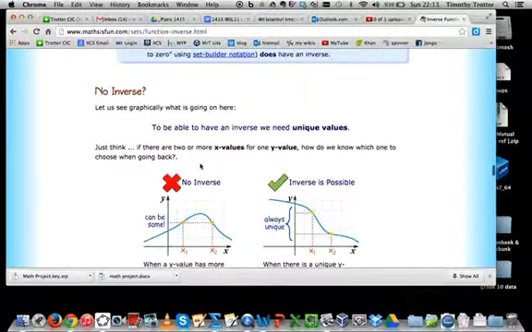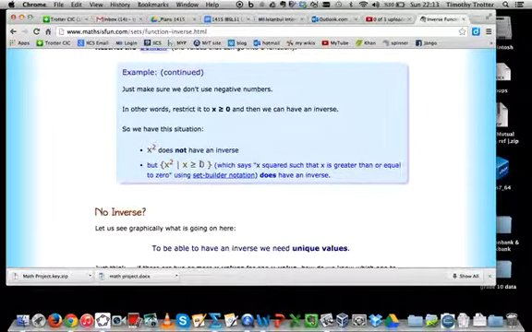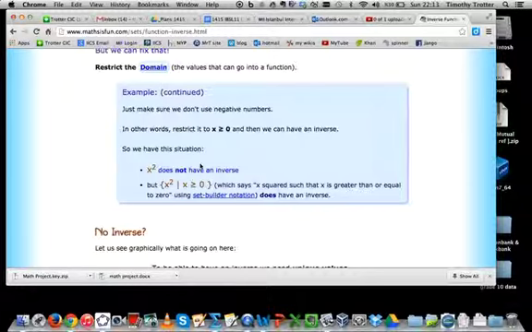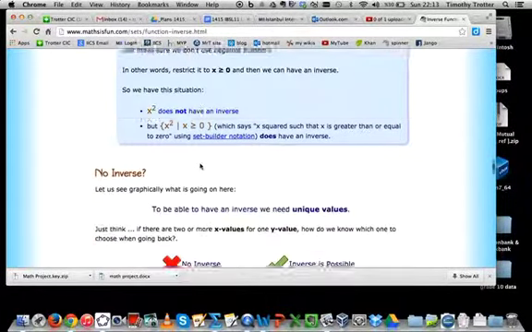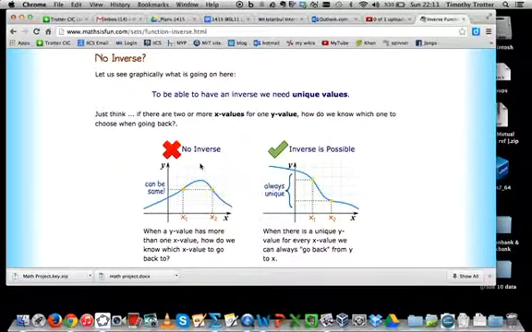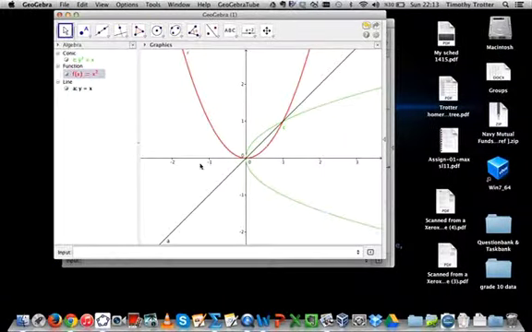So how do we know which functions we need to restrict the domain for, and which functions we can just know always work? There's something called the horizontal line test. We've talked about the vertical line test, but the horizontal line test works in a similar way.